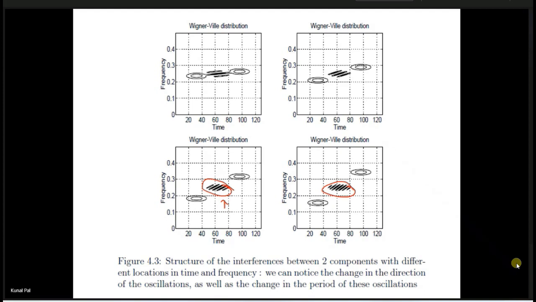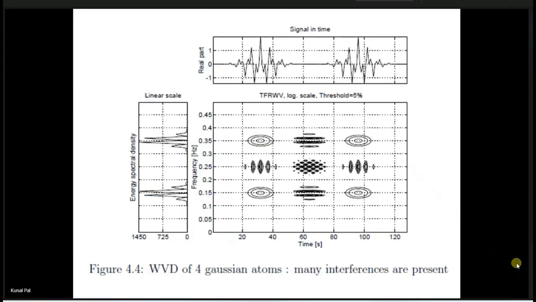Okay. Now, the problem happens when we use 4 Gaussian atoms. Over here, when you increase these Gaussian atoms, you get several cross terms.